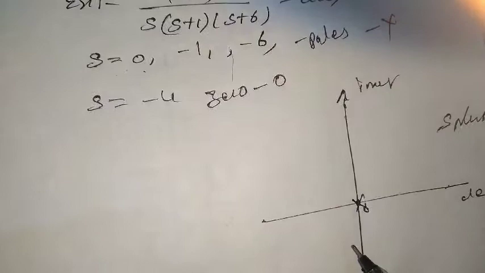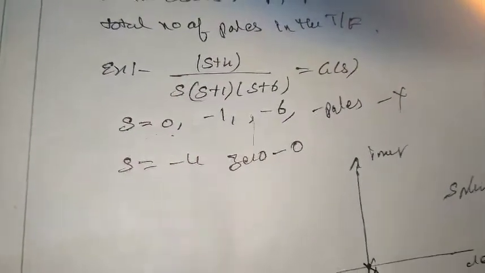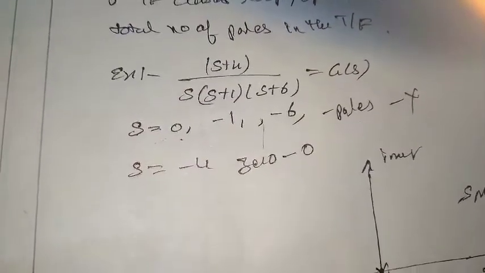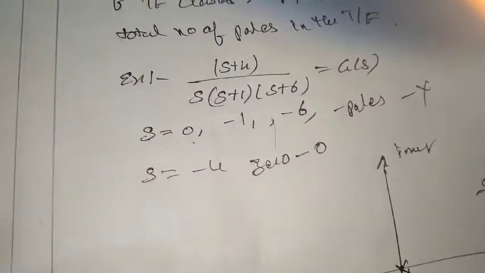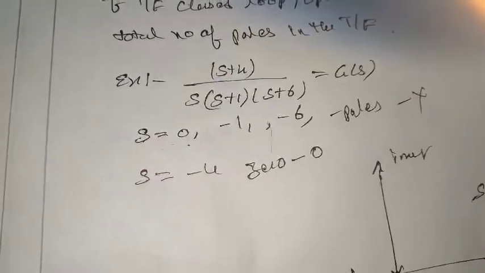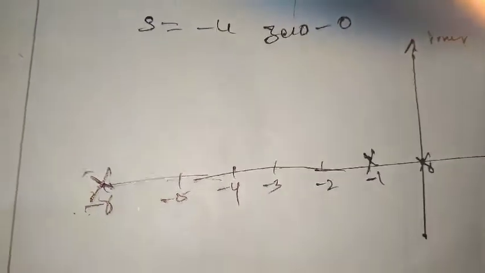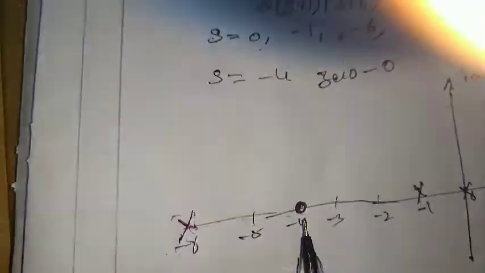I have one pole at -1, with markings -1, -2, -3, -4, -5 and -6, and one pole at -6. So I have 3 poles plotted on the graph, and 1 zero at s equal to -4, which I indicate with a circle.